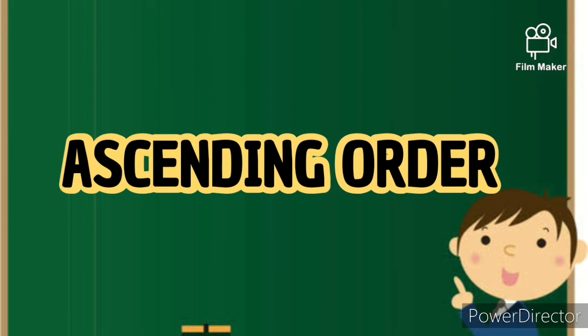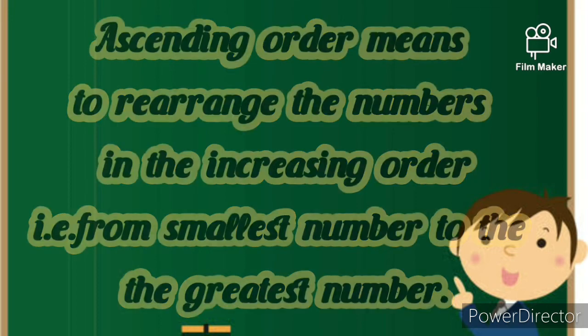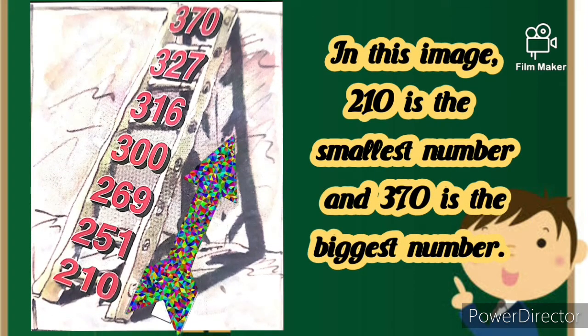Now we will learn about ascending order. Ascending order means to rearrange the numbers in increasing order, that is, from the smallest number to the greatest number. In this image, 210 is the smallest number and 370 is the biggest number.